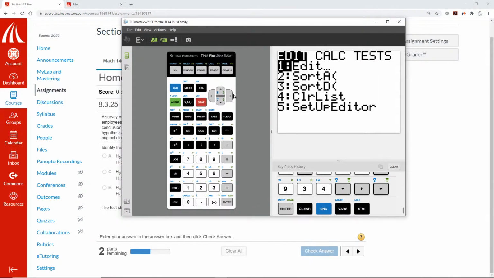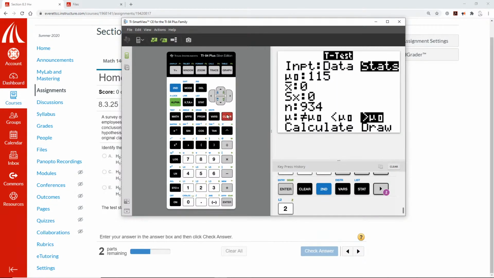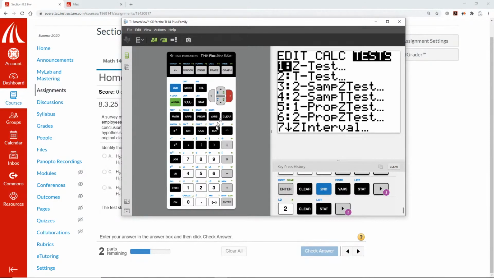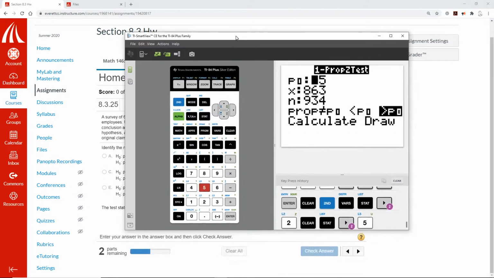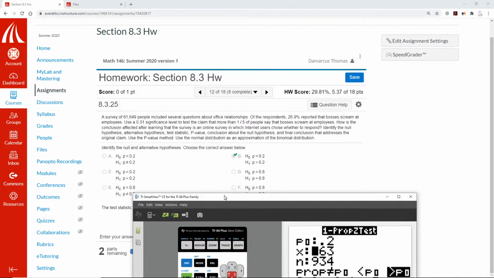Go into test, number 5. Wrong. Let's try that again. Stat, test, number 5. And we're using 0.2 as our null. Our x, we don't know quite yet, but x has to be a whole number.